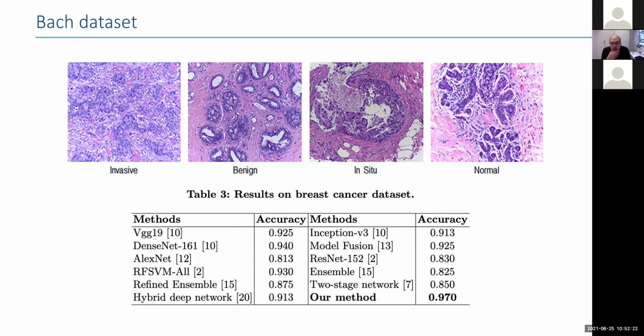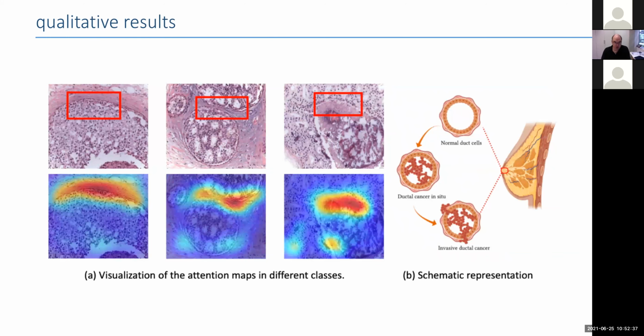use this on the Bach data set, which is a publicly available breast cancer data set. And we wanted to check if the highlighted areas actually coincide with areas a human pathologist would look at. So Meng Guanfan, who did all this work, took these regions and compared them with annotation from a pathologist.